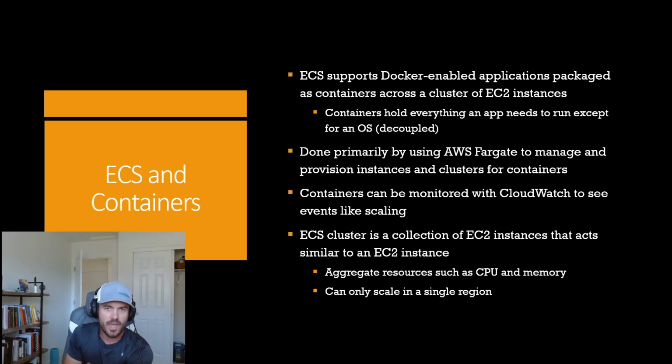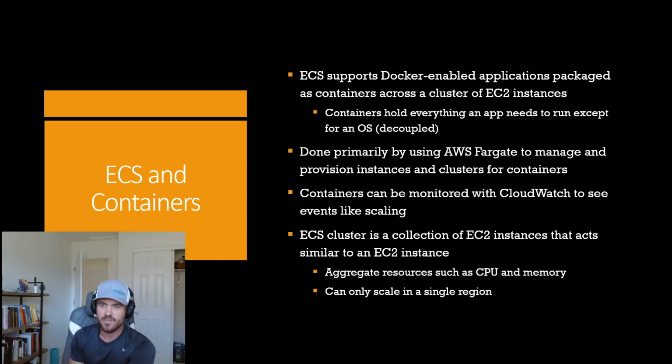All right, so now we'll just go through briefly these sub-services that are part of compute, but you're not going to be really drilled on them during the test like you will be with load balancing and EC2. So ECS, Elastic Container Service, supports Docker-enabled applications, packages containers across a cluster of instances.